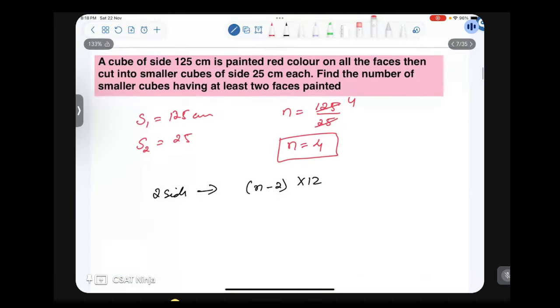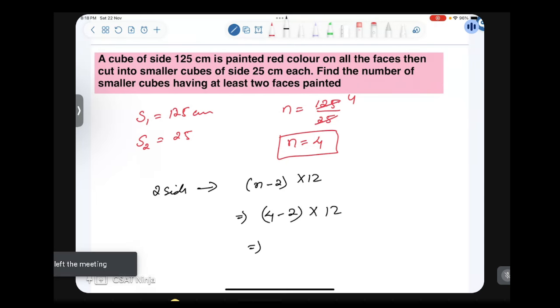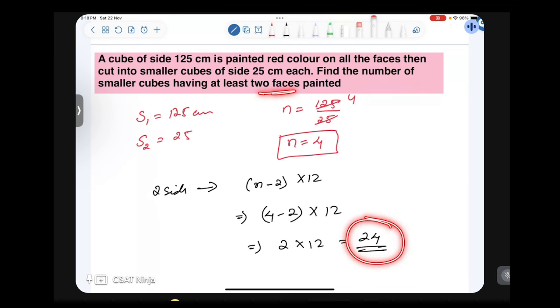So (n minus 2) into 12. The n value here is 4. 4 minus 2 into 12. 4 minus 2 is how much? It is 2 into 12, which is equal to 24 cubes. So there will be 24 cubes with two faces painted.